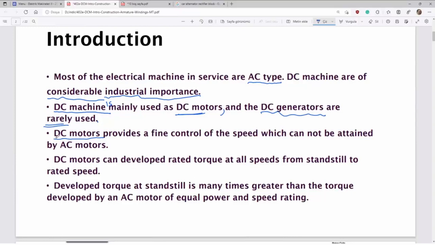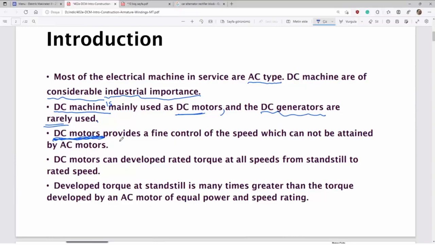Very unique characteristics. It supplies much more torque than other competitor motors. So we prefer DC motors. Even if it requires some maintenance, there is no other good solution. We prefer DC motors in automobiles and trains, for example.